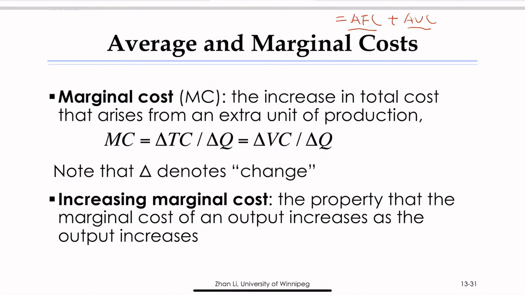So in the case of marginal cost, it is defined by the increase in the total cost divided by the increase in the number of output. So basically from the formula, this delta TC is the change in the total cost. And then this delta Q is the change of the output or the quantity of the output. Right? So this is the very original definition.